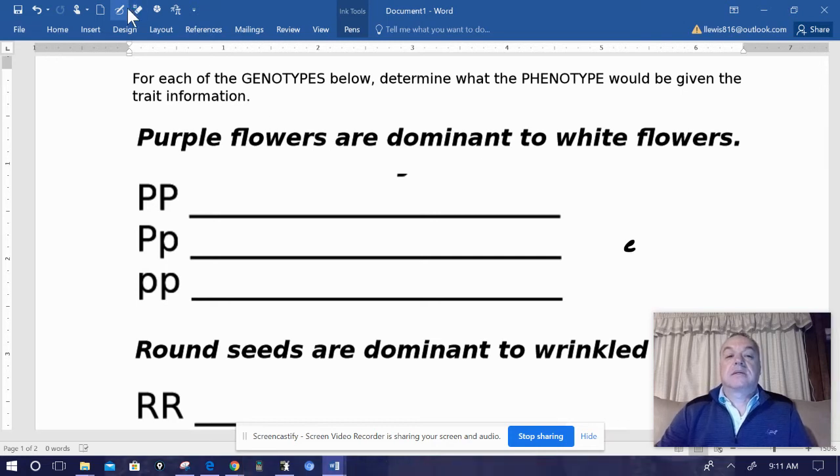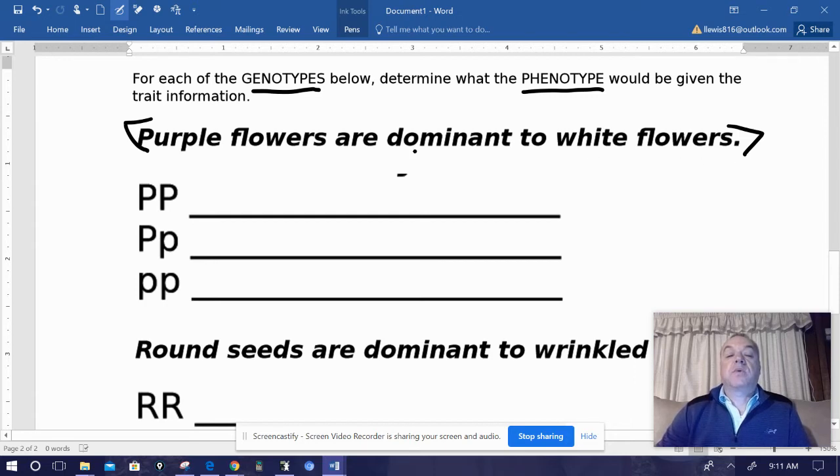The next topic that I want to make sure that we understand will be about what the genotypes, or what are the genes, which trait do they call for? Remember, genotypes are the genes, the coding for the genes, and then the phenotype is what we see. One trait in a specific flower is purple flowers are dominant to white flowers.